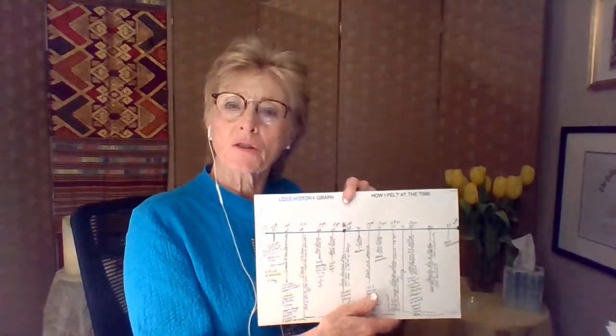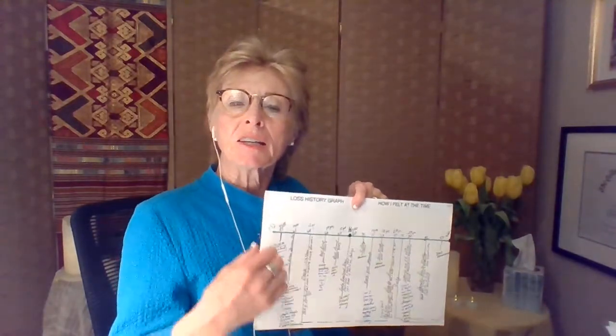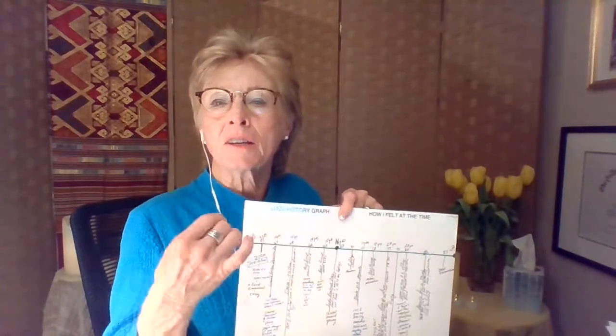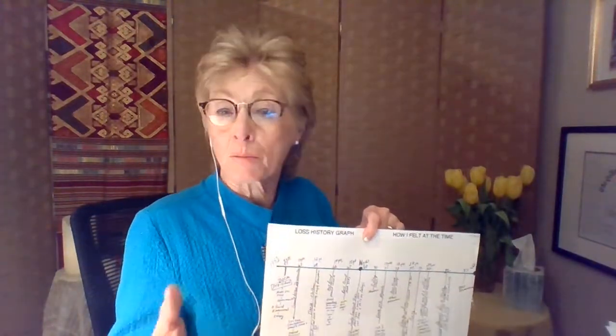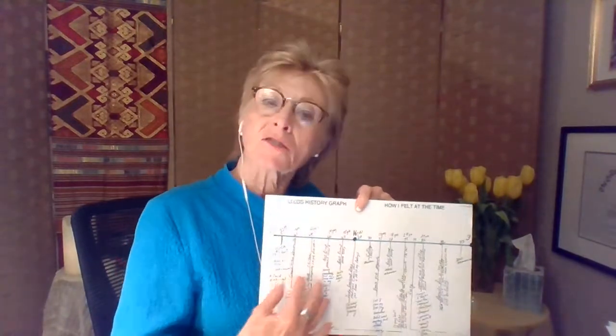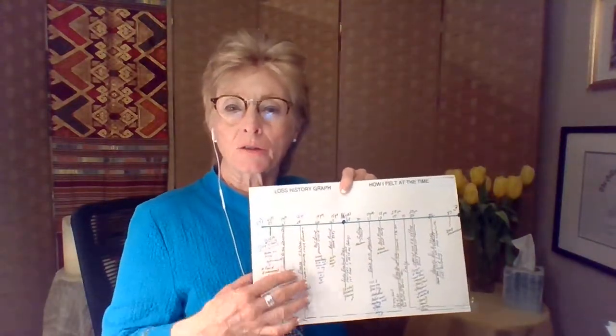And that leaves us at today's date. Now, the purpose of doing a loss history graph is to look at our losses and see if any of these losses are impeding us from having a day-to-day life that brings us joy and happiness and fulfillment. And again, it's also to look at our patterns.